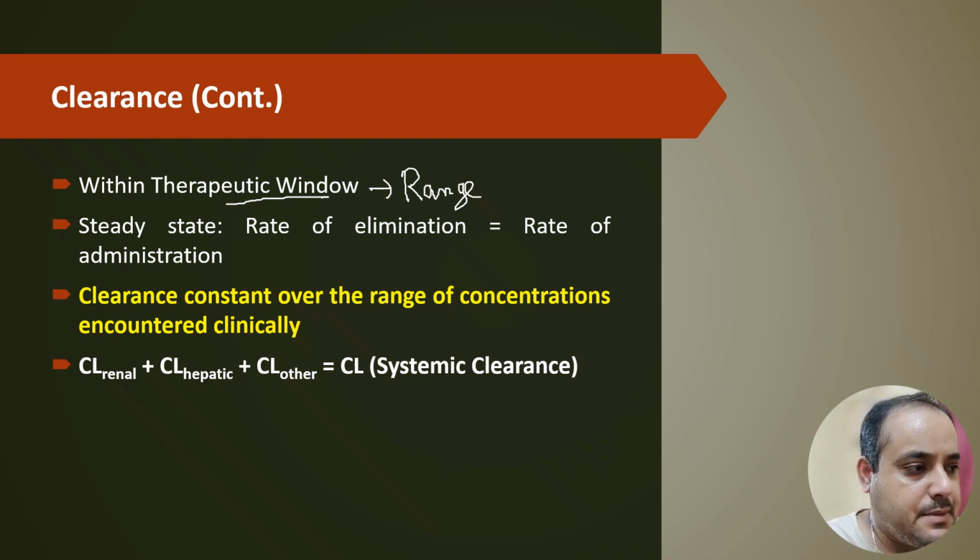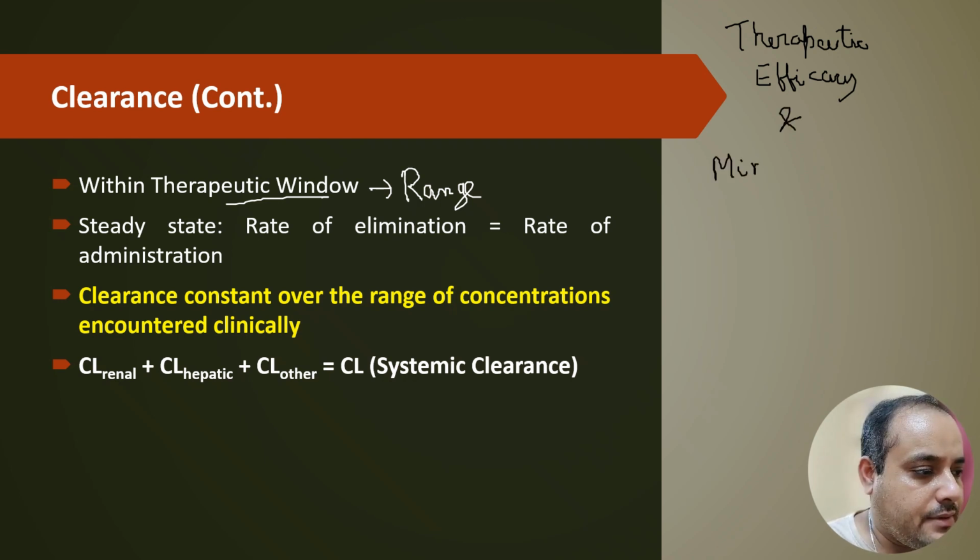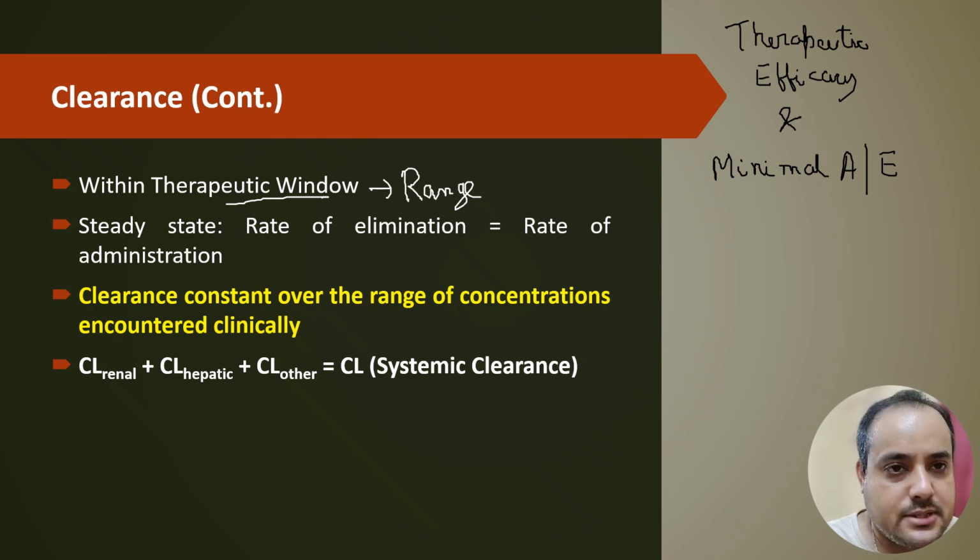It is the range between the therapeutic efficacy and the minimal adverse effect. So the range between the therapeutic efficacy and the minimal adverse effect is known as the therapeutic window. So the larger the therapeutic window, the safer the drug.